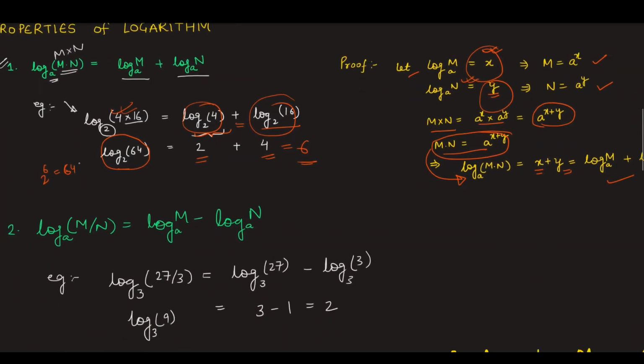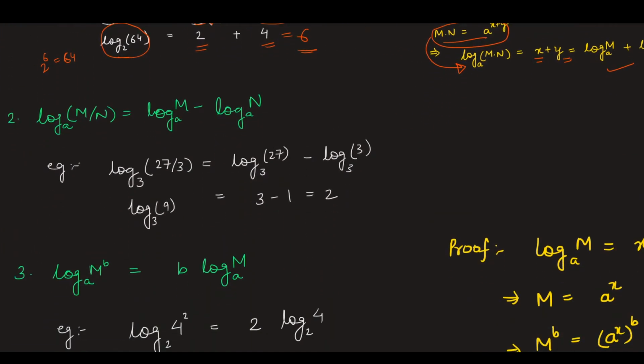Then we have the second property, which is just a modification of the first one. It says log of m divided by n to the base a can be written as log m minus log n. Okay, so an example can be log of 27 by 3.